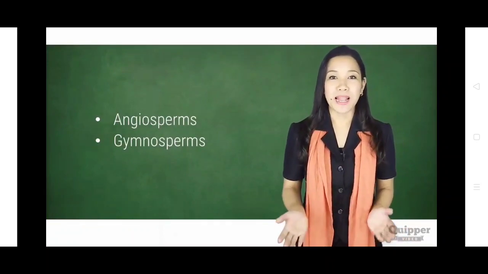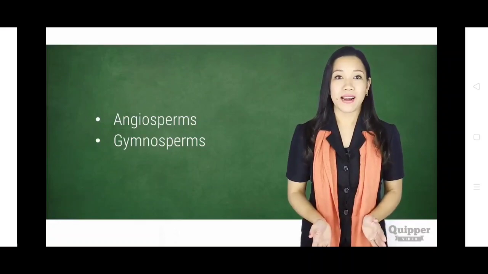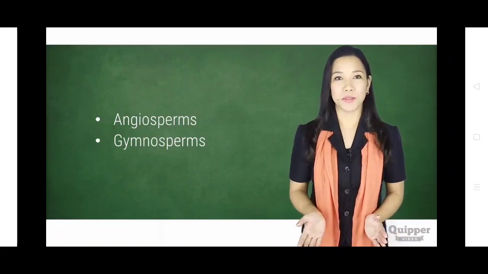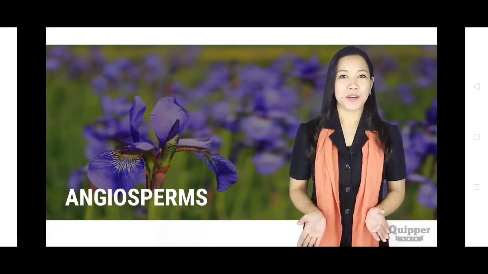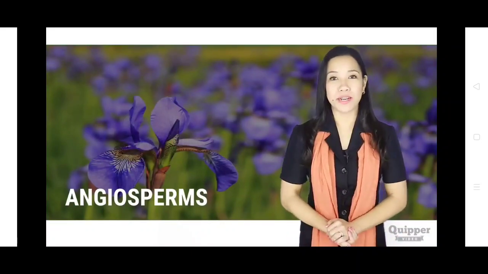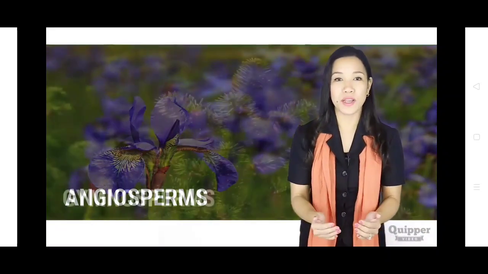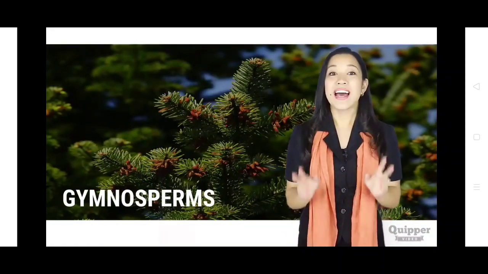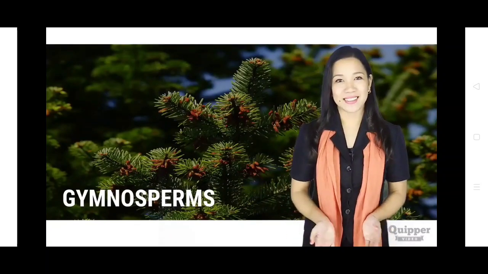Sexual reproduction in plants depends on the type of plant, whether they are angiosperms or gymnosperms. Angiosperms, which are also called flowering plants, are plants that have seeds within the ovary, while gymnosperms have naked seeds on the surface of their leaves or scales.